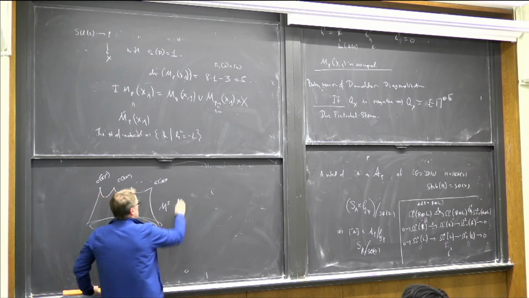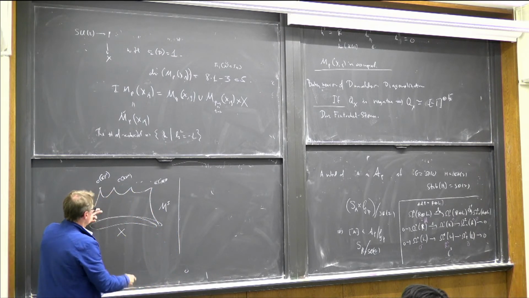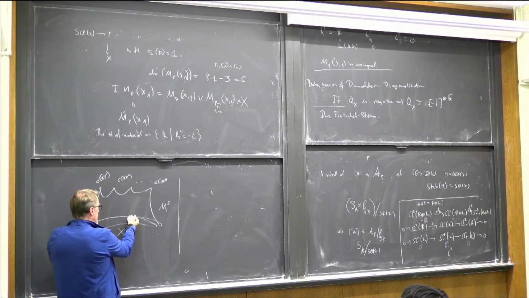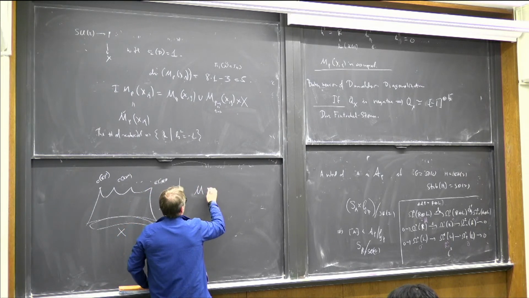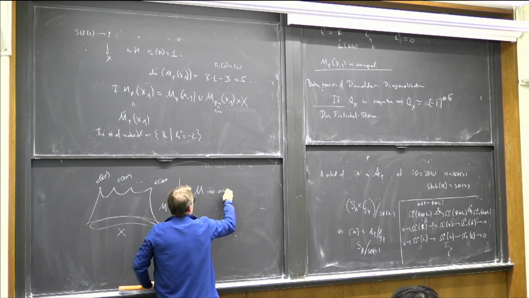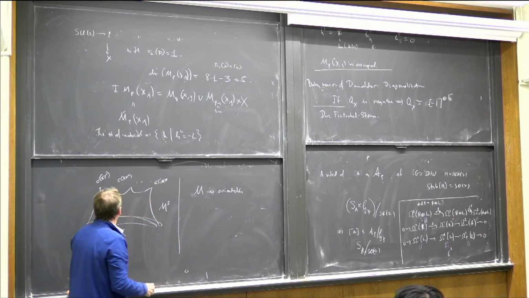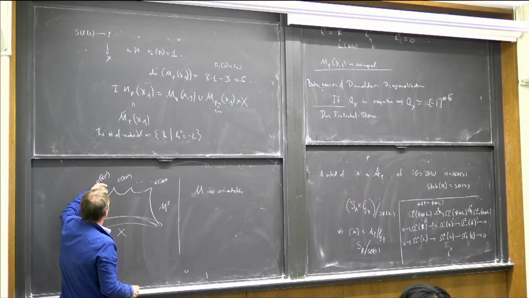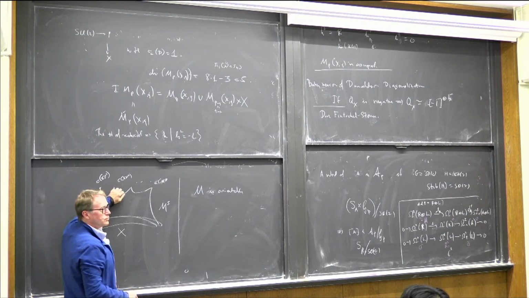So the difficult things that you have to prove are that X is precisely the boundary of M, and that M is orientable, and that with respect to that orientation, each of these CP2s are really CP2 and not minus CP2.